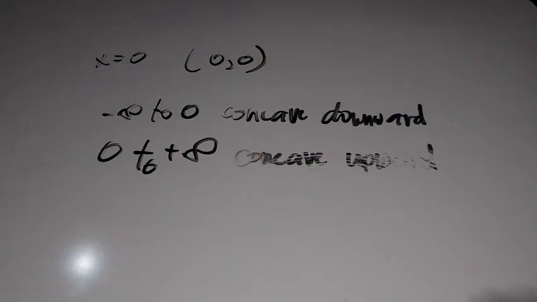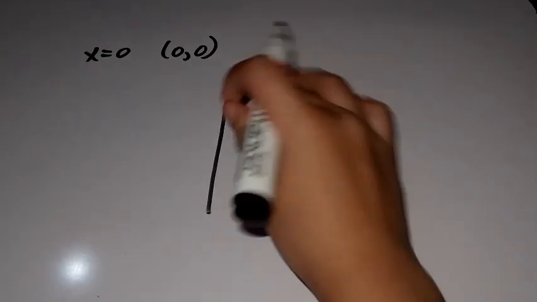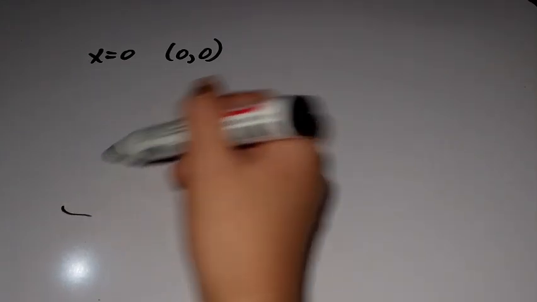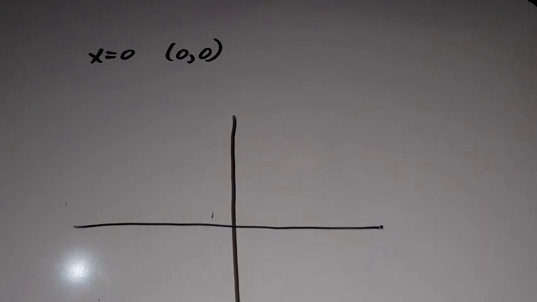Now, in sketching the graph and showing the inflectional tangent, this is how you sketch it. Again, since x is 0, the inflection point is 0. Now in the Cartesian plane, this is our Cartesian plane.